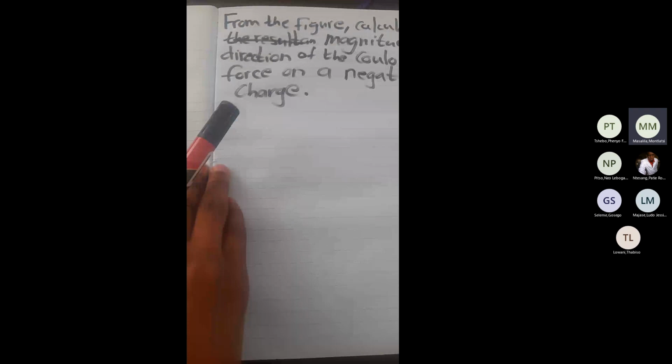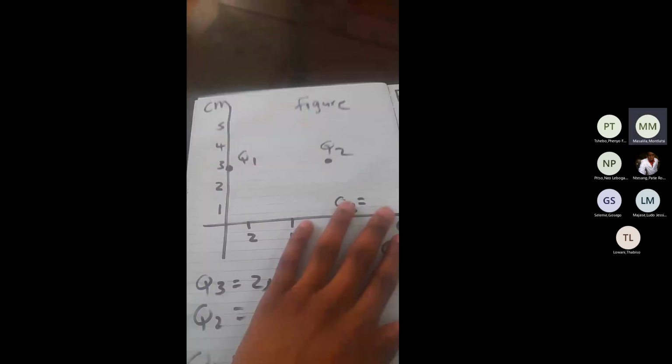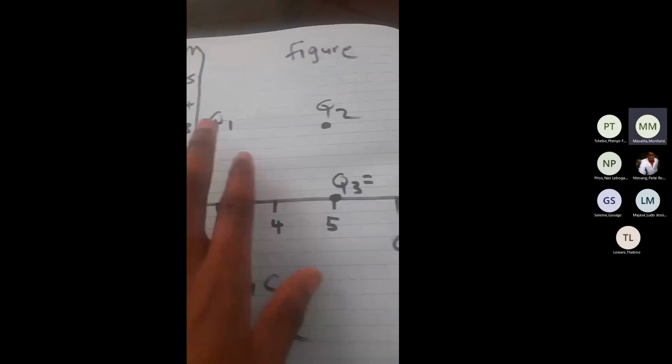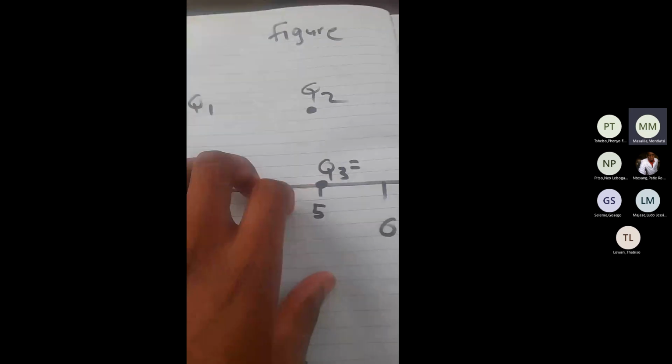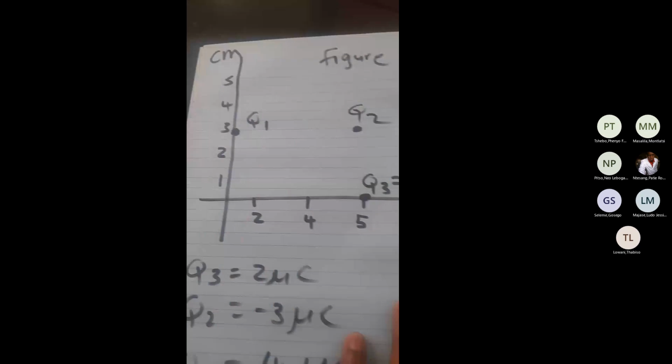So I gave you a question. I said you need to write it down in your books. This can come in two formats. They can draw a figure like we have drawn a figure, or they don't draw a figure, like question number 2. I didn't draw a figure. I just expected you to draw a figure.